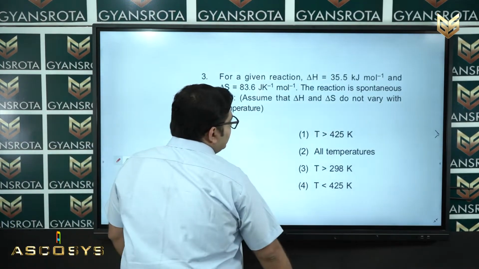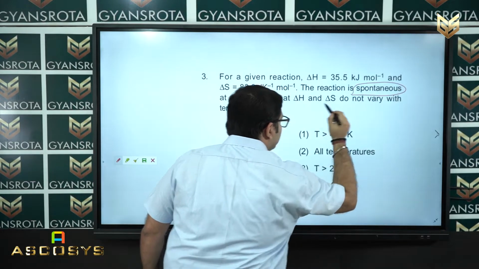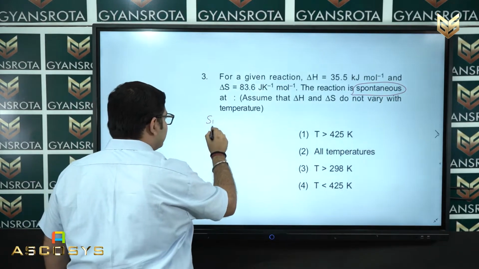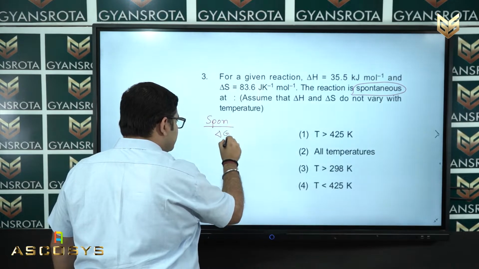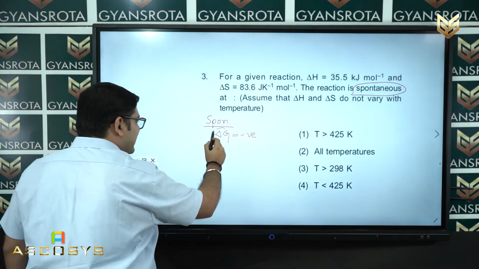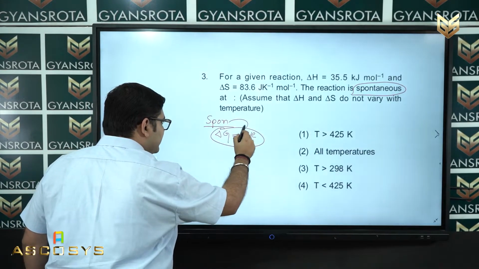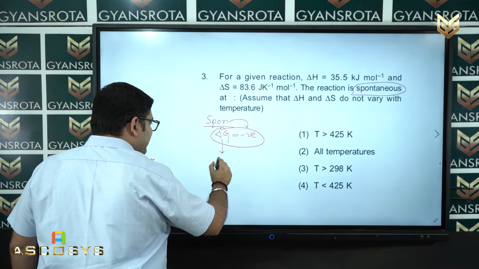If you see in the question, they are mentioning spontaneous, and when it will be spontaneous, we know that delta G should be negative. This is the condition to get a spontaneous reaction. Now what is the formula of delta G?